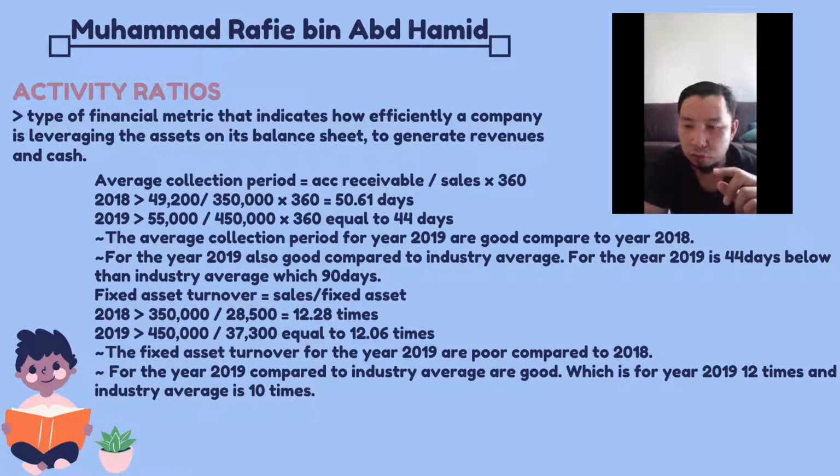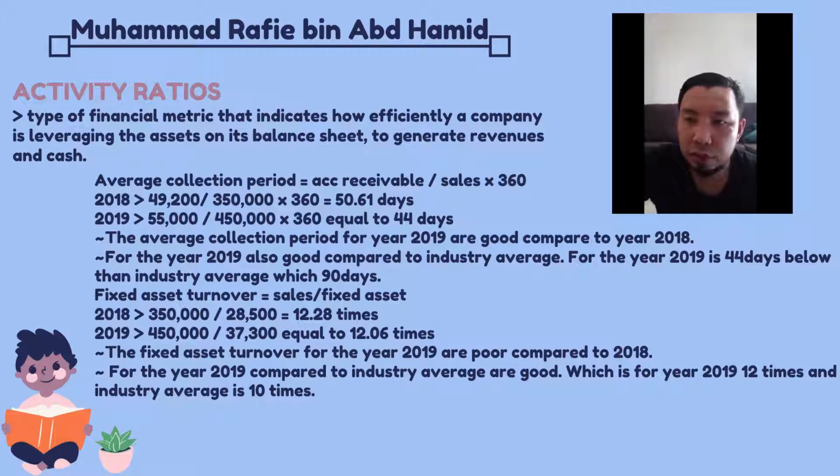Okay, 49,200 divided by 350,000 times 360 equals 50.61 days for year 2018. Okay, for year 2019, 55,000 divided by 450,000 times 360 equals 44 days.